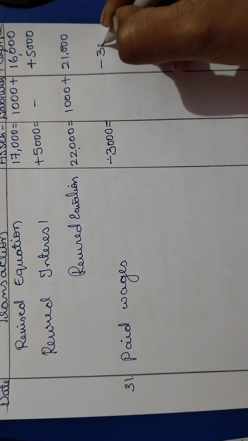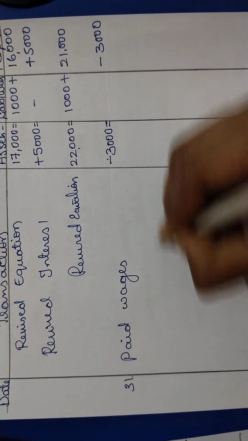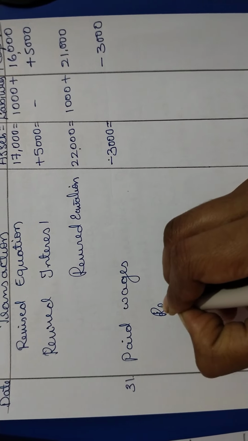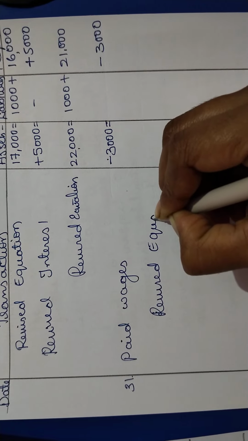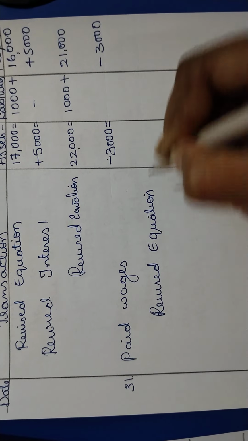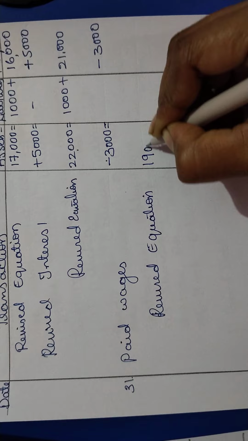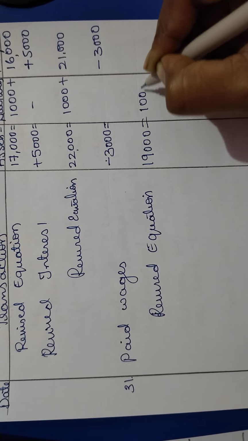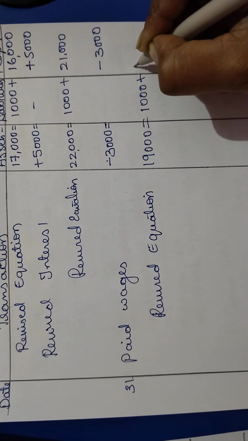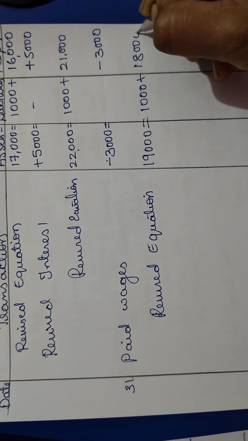So capital also reduced by 3,000. Revised equation is 19,000. No change. 18,000.